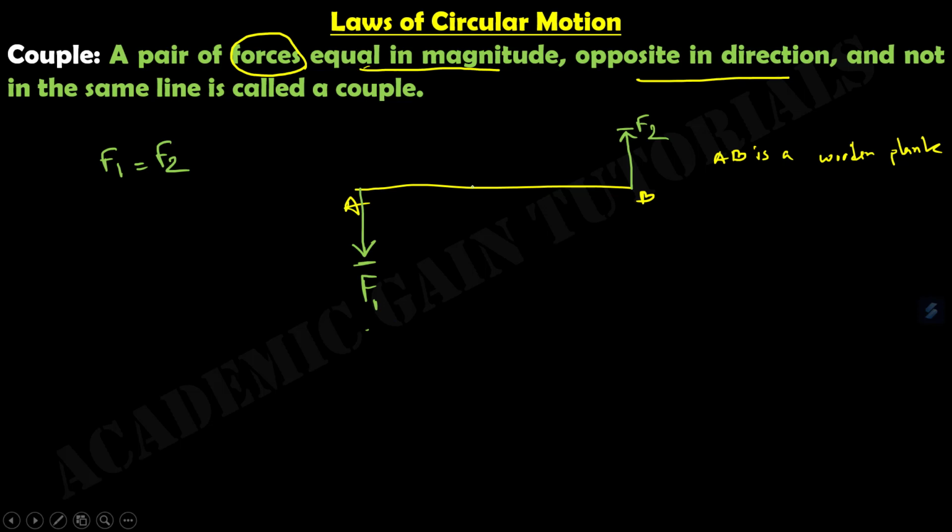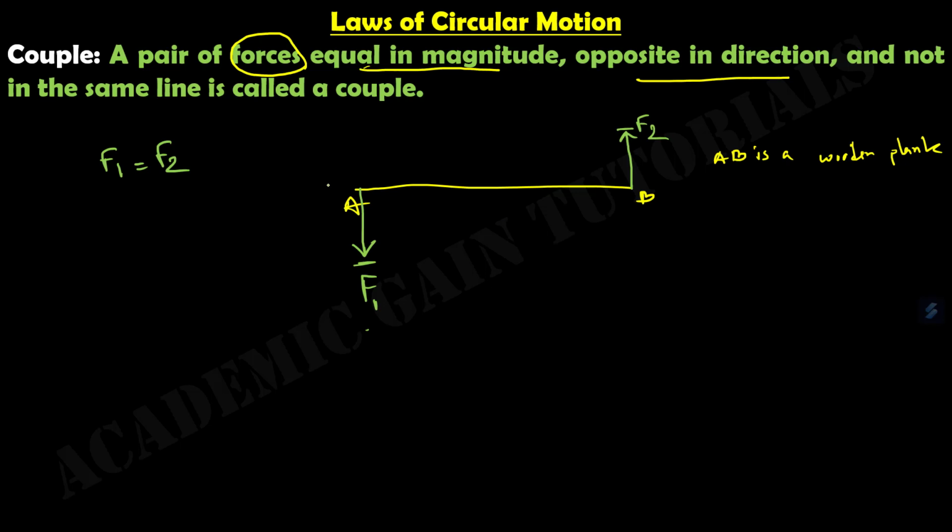So when a couple acts on a rigid body, in this example the wooden plank, what happens? Due to this couple, the body will not be in equilibrium. It will rotate.